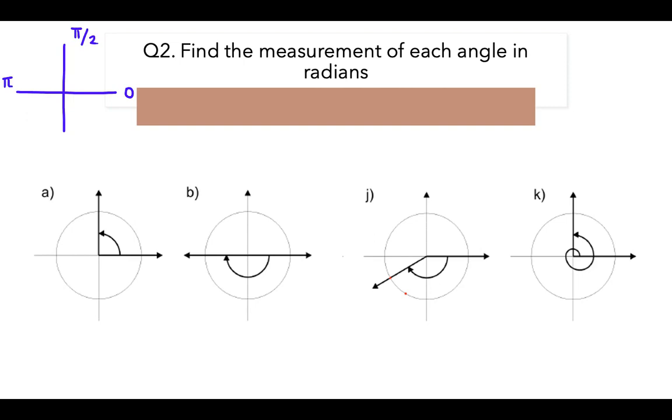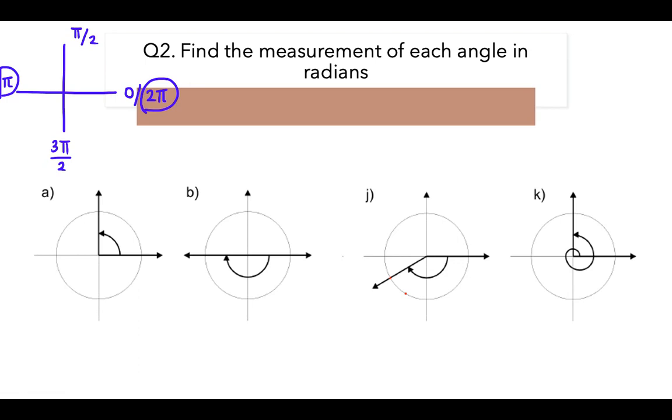If it's 270, it's 3 pi over 2, which is 1.5 pi. And one full turn is 2 pi. So one whole circle, 360 degrees, is 2 pi, and half of that, a straight line, is pi. These are the Cartesian angles in radians, which you should have memorized.